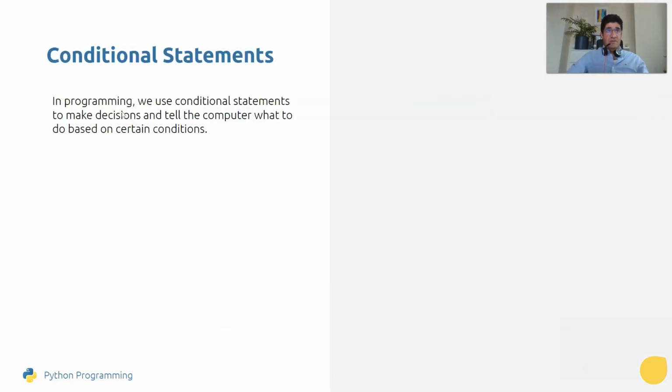Conditional statements, in fact, we use to make decisions, and we tell the computer what to do based on some conditions. I think it is normal in our life to make different decisions based on different situations and conditions.